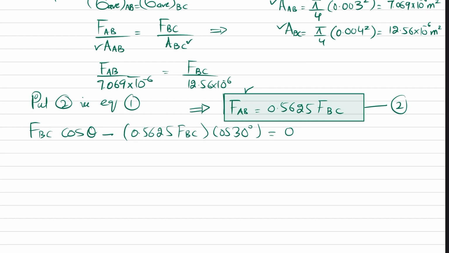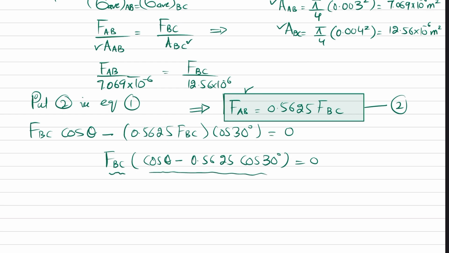FBC is common, so take it out: FBC times (cos theta minus 0.5625 cos 30 degrees). Their multiplication gives 0, so either FBC is equal to 0 or the other term is equal to 0.